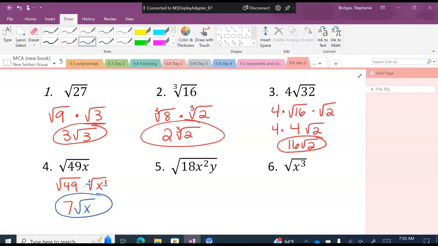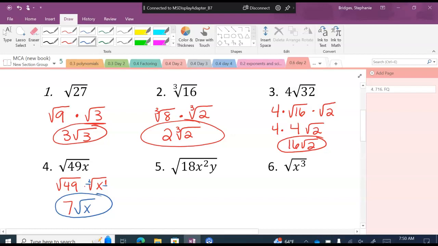If you think about x to the first, under a square root, there's only one x. I can't get any pairs of 2, so therefore I cannot simplify it, and it stays where it is. Is everybody okay with that one?